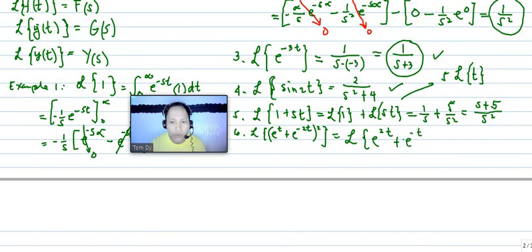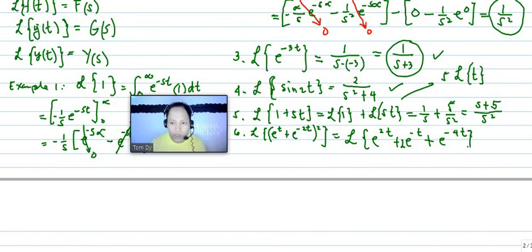You have 2e to the t times e raised to negative 2t, so you add the exponents, that is negative t. And then plus e to the negative 2t times e to the negative 2t, that is e raised to negative 4t.